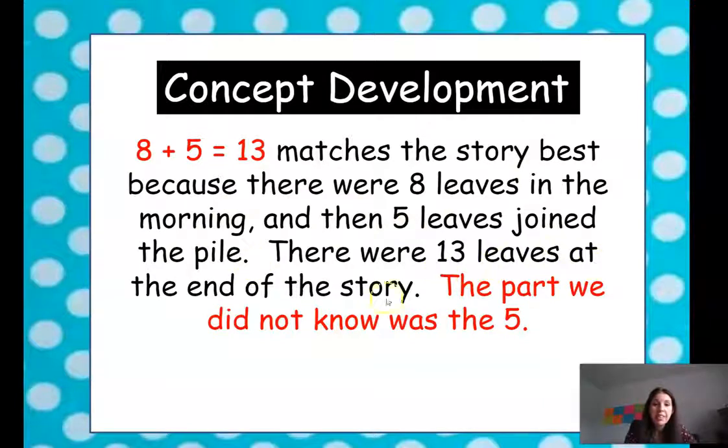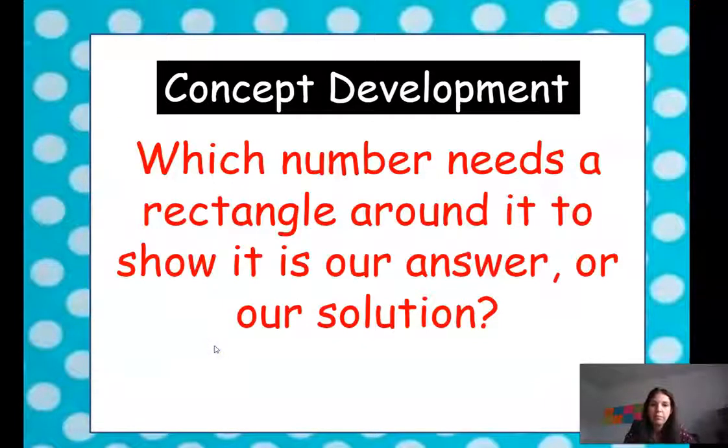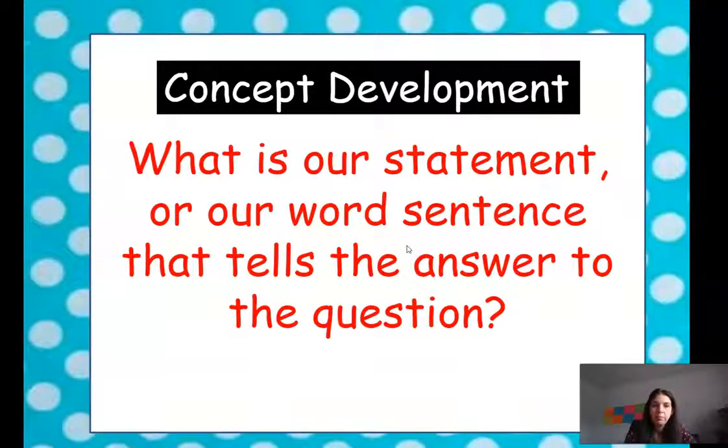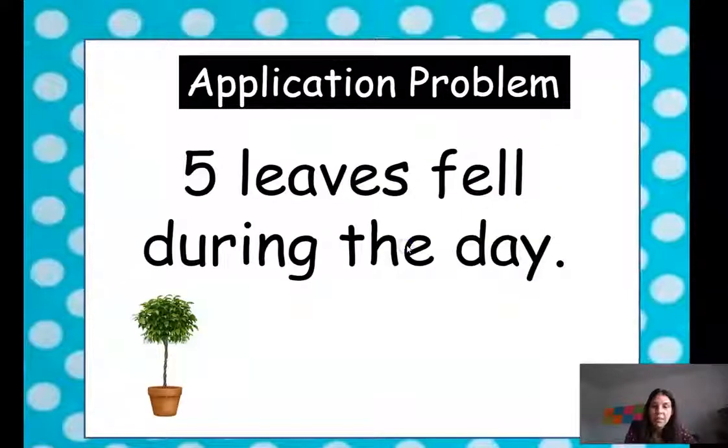There were 13 leaves at the end. The part we did not know was 5. We didn't know how many more fell. But we knew that we had 13 in the end and that we started with 8 in the morning that fell. So 5 was our answer. And our statement or sentence is 5 leaves fell during the day.